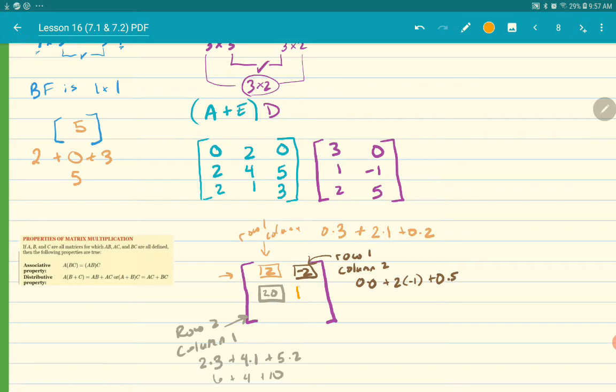And then in this spot, we have row 2, column 2, multiplying those together. I get 2 times 0 plus 4 times -1 plus 5 times 5, which gives me 0 minus 4 plus 25, which gives me 21.